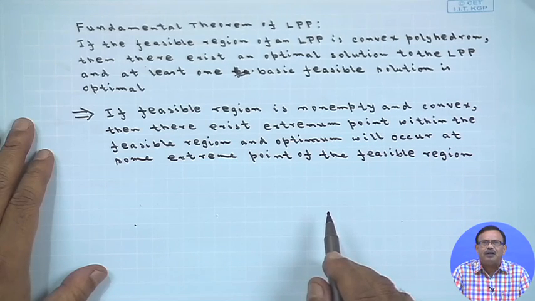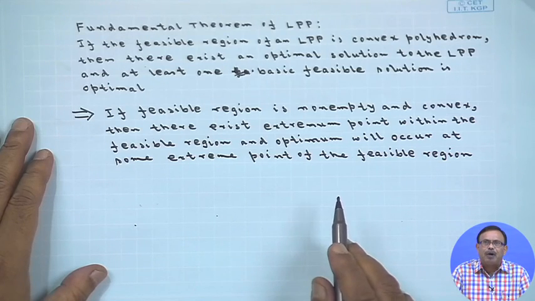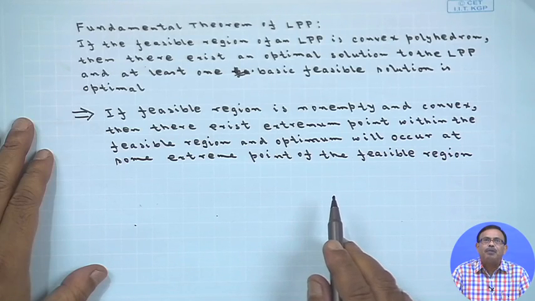Already we have defined the feasible region, we have defined the extreme point. So, now what we are saying is that if the feasible region is non-empty and convex, then one of the extreme points will give you the optimum value.